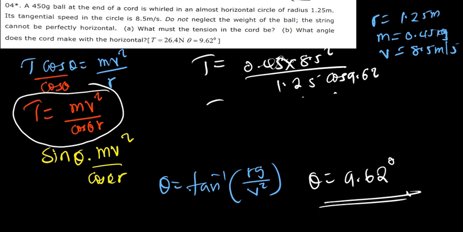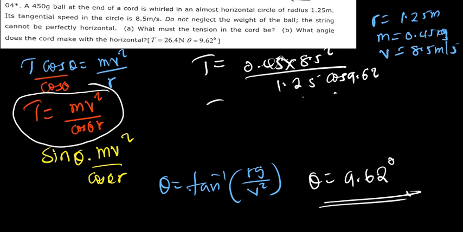I'll put them in brackets. What is 1.25 cos 9.62? It's 1.232.